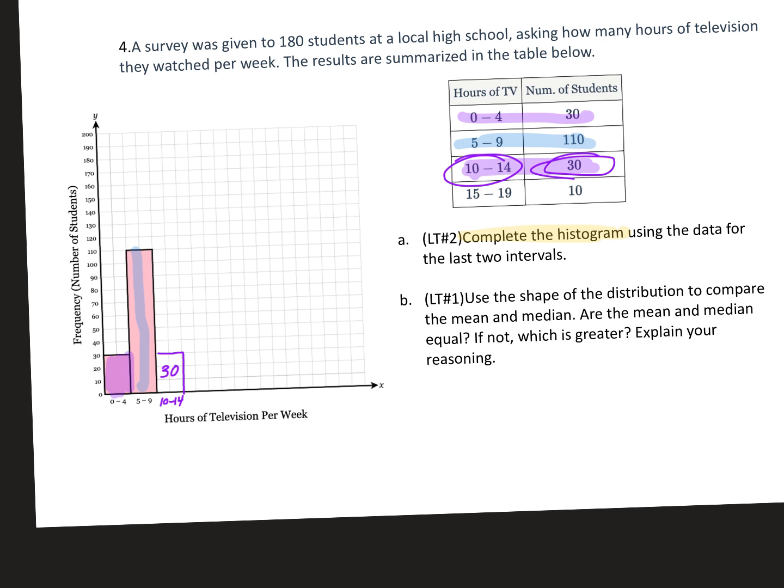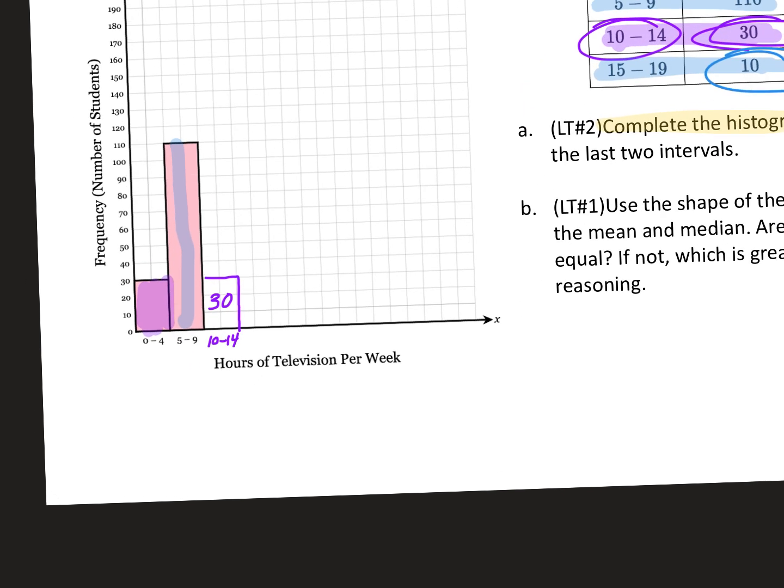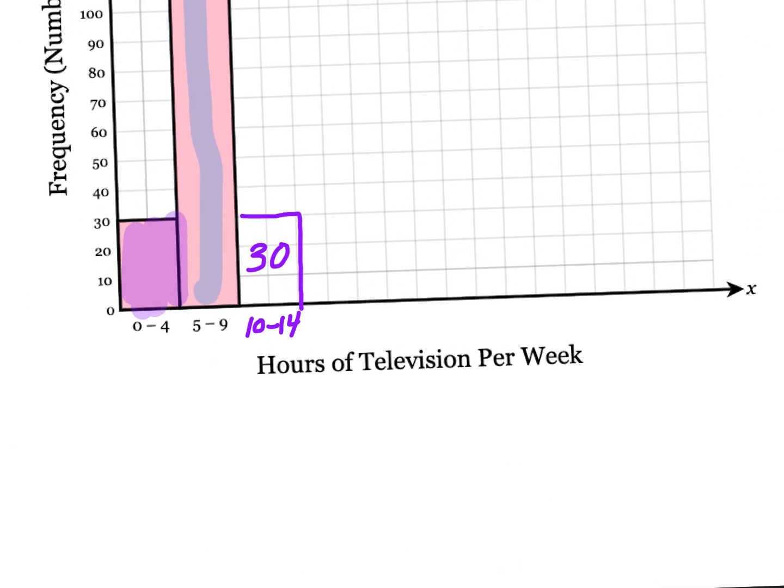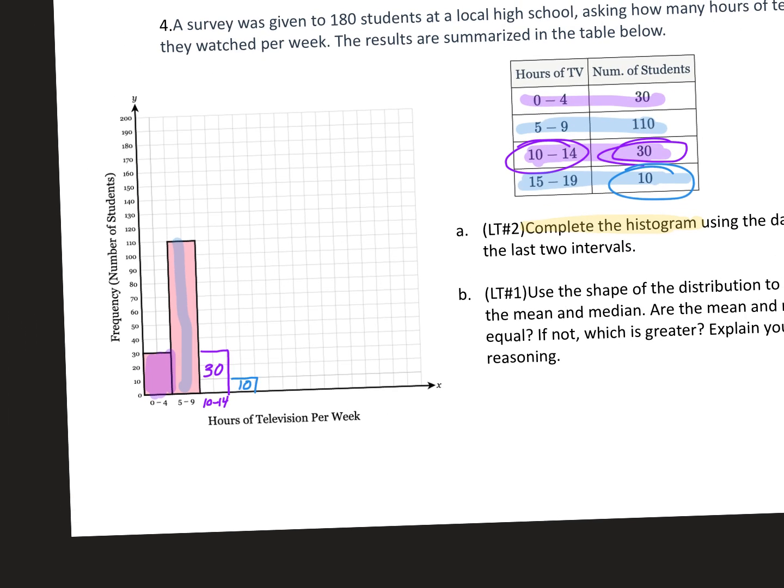Then we need to look at our next bar, which is here. So because 10 students watched TV between 15 and 19 hours, this bar needs to go up to the 10. And we need the label of 15 to 19.